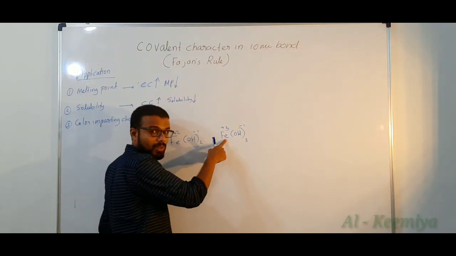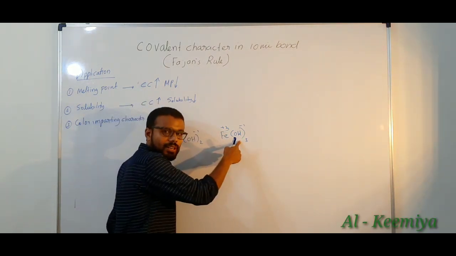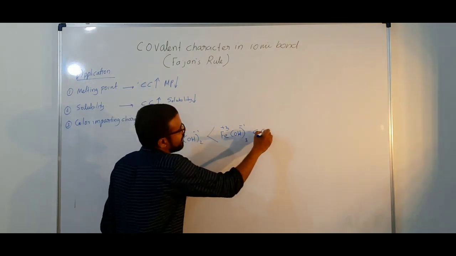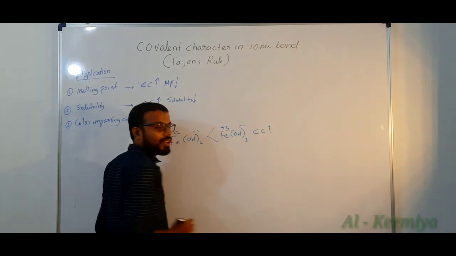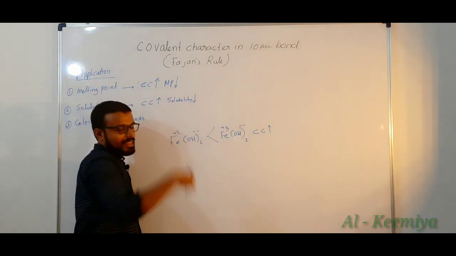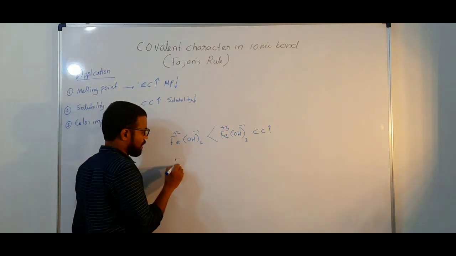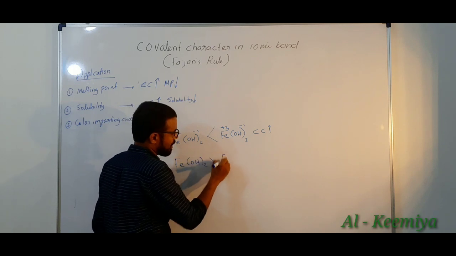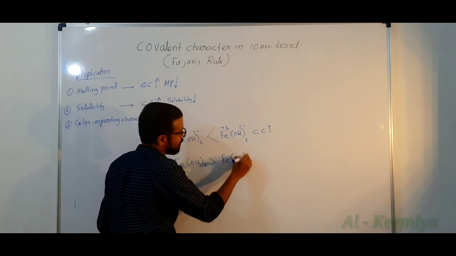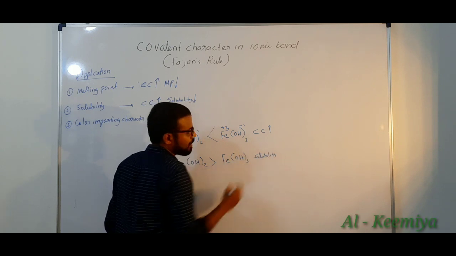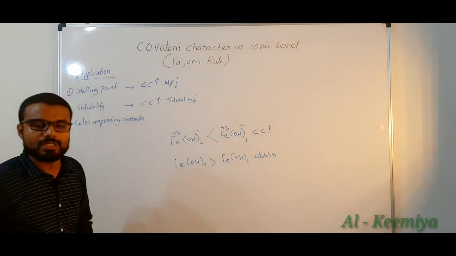So this is the covalent character order. Higher the covalent character, solubility will be what? Less. So Fe(OH)2 will be more soluble than Fe(OH)3. This is the solubility order.